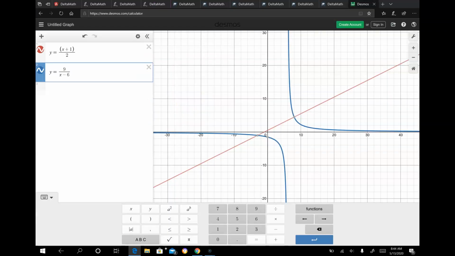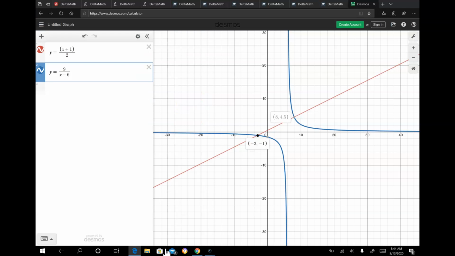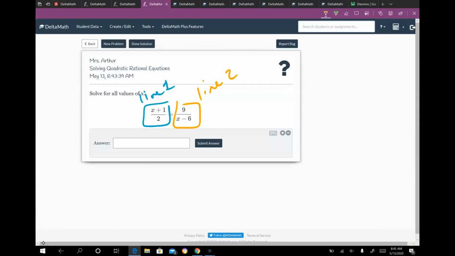Okay, so they intersect at -3 because you're solving for x, not y. So x equals -3 and x equals 8. So I'm not looking at that y, so 8 is my answer. My answers are -3 and 8. So x equals -3 and 8.